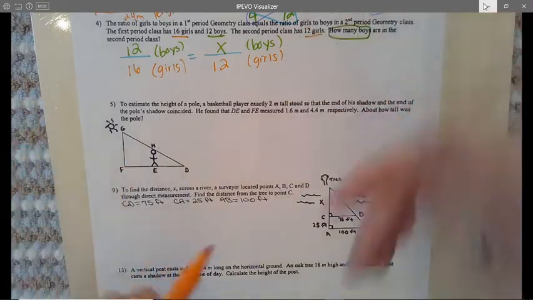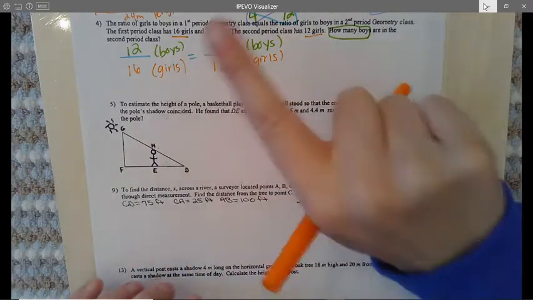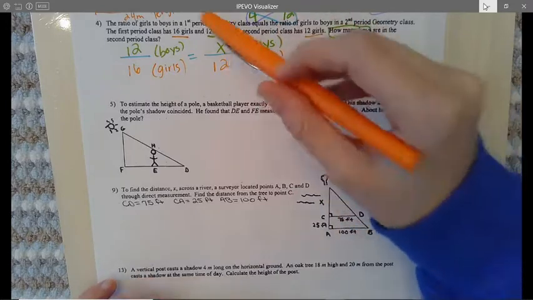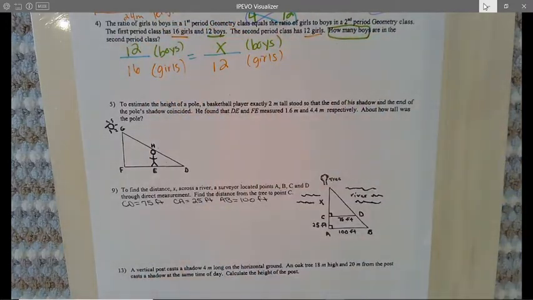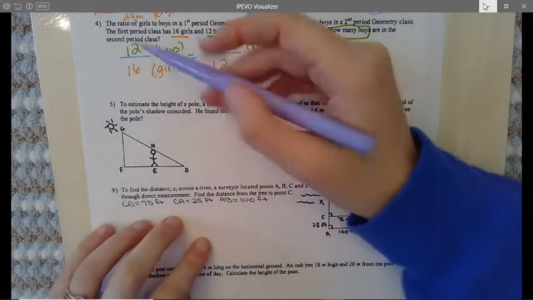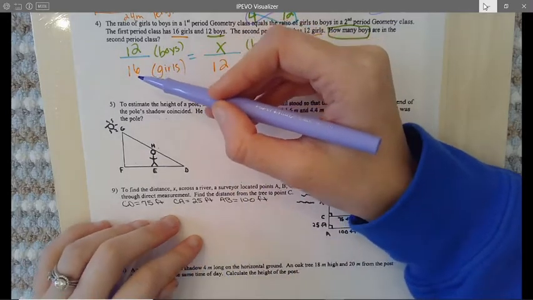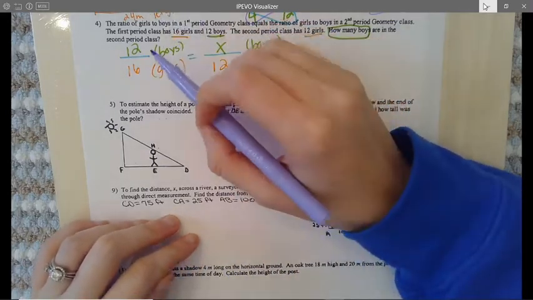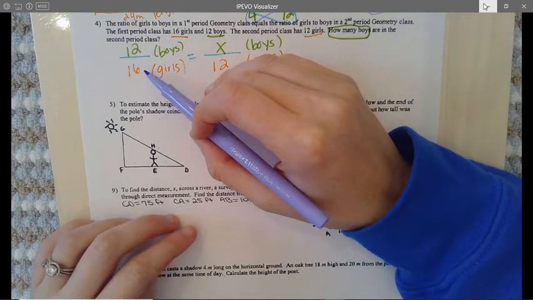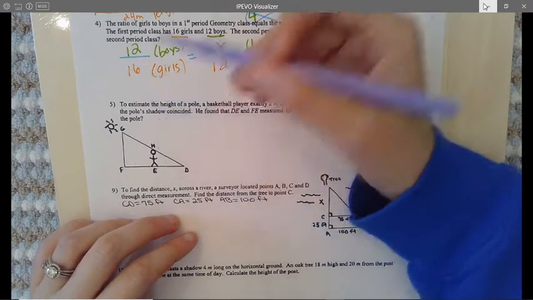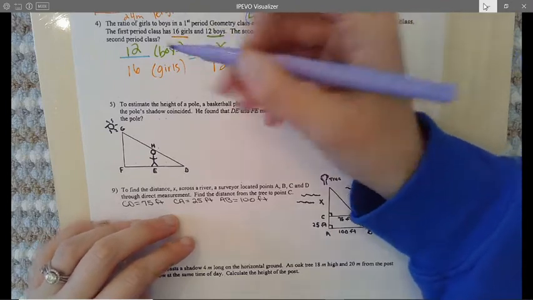You just cross multiply. But before we cross multiply, I'm going to reduce down any fractions to make my life easier. I can already see that 12 and 16 can be reduced down. Do you guys know a number that will divide into 12 and 16? It is 4.